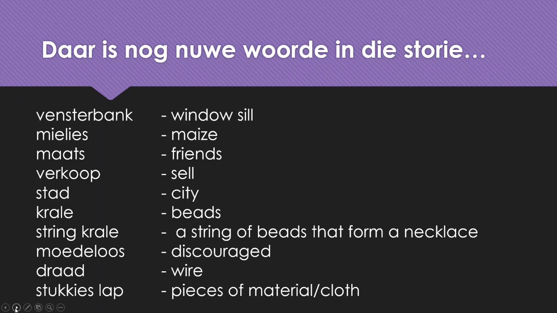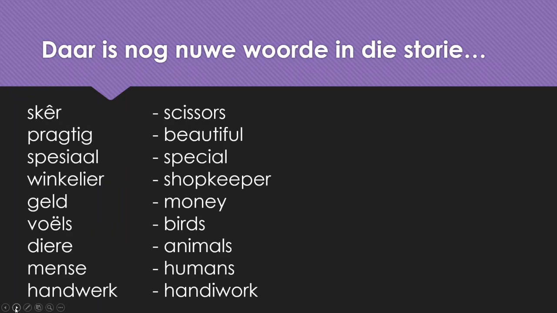Stukkies lap, pieces of material or cloth. A skêr, a scissor. Pragtig, beautiful. Spesiaal, special. Winkelier, shopkeeper. Geld, money. Voëls, birds. Diere, animals. Mense, humans.